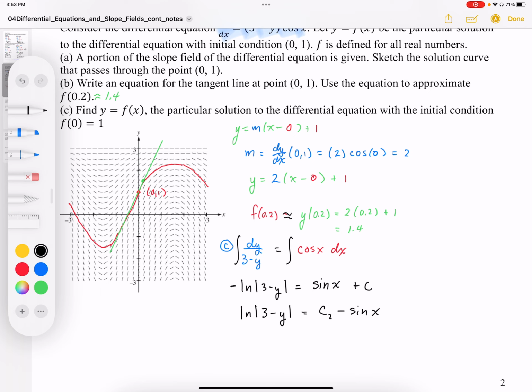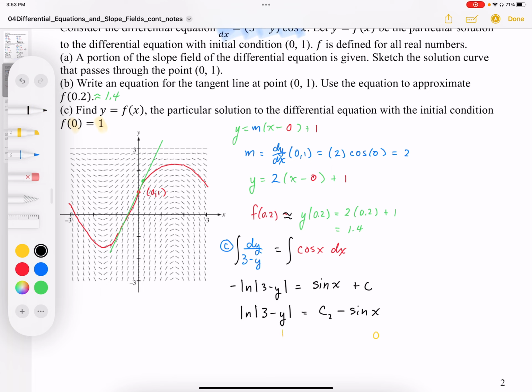So to solve for that c, I'm going to plug in my coordinate. In this case, I'm going to plug in my initial condition of (0, 1). So y is 1, and x is 0.